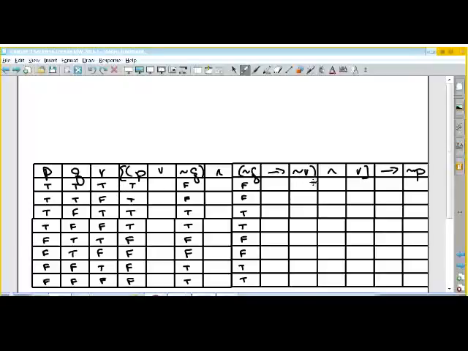Then we have the negation of R. Here's R. True, false, so it's going to be false, true, false, true, false, true, false, true. Then we've got R. True, false, true, false, true, false.